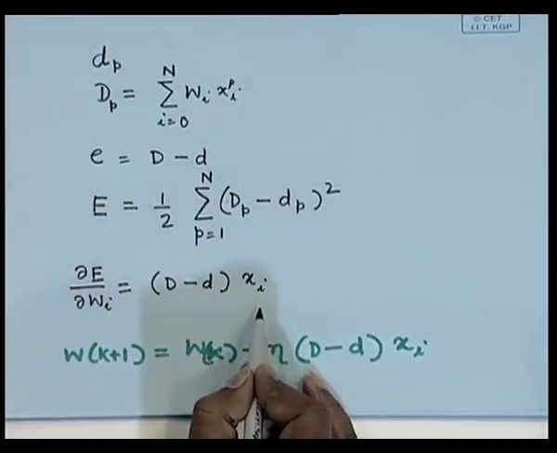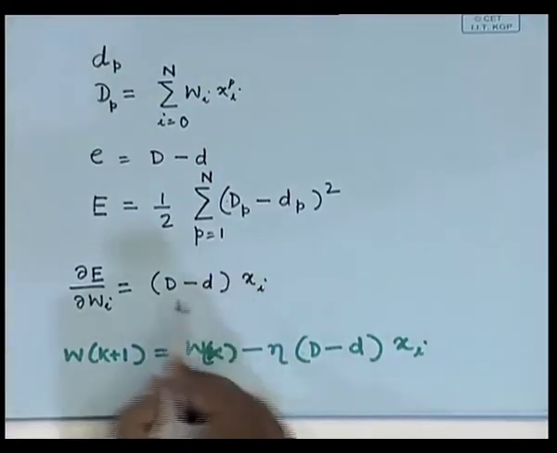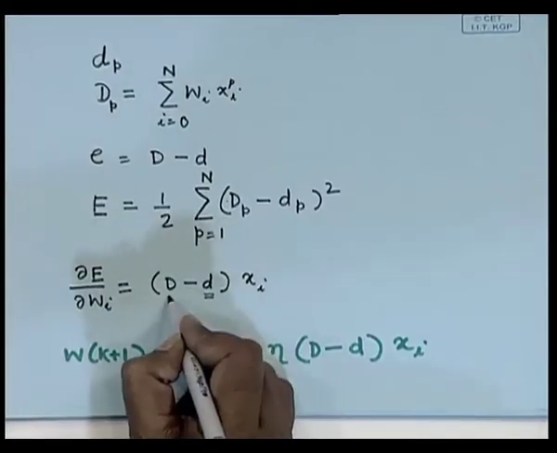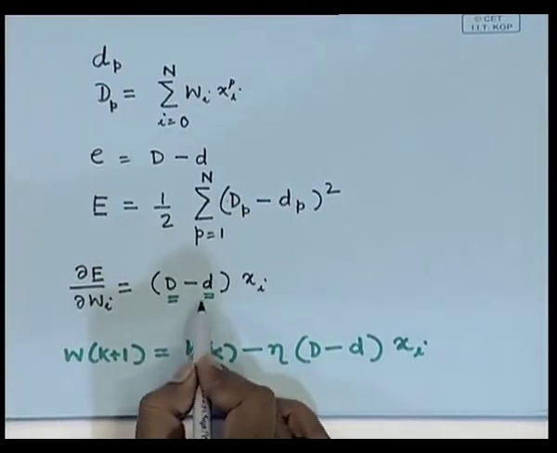A training sample is fed to the neural network input. I know the target output, that is lowercase d, and I know the output that I am actually getting, that is capital D. The difference between these two is my error.